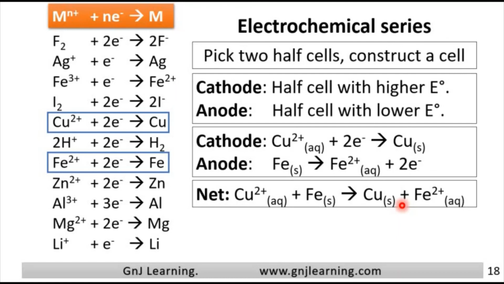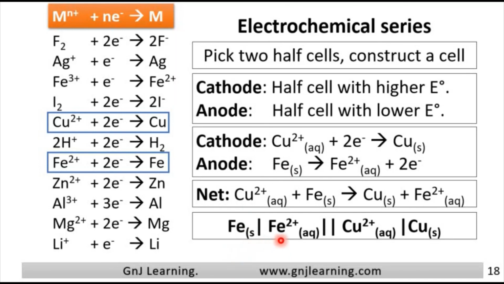Now how to represent this cell using notation? You first give the anode part, in the direction of the reaction, oxidation here, so it is Fe, Fe2+ separated by a vertical line with their physical states, then 2 vertical lines for the salt bridge, followed by the cathode. That follows the reaction here, reduction: Cu2+ aqueous, vertical line, Cu.